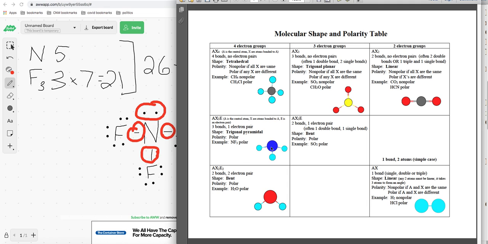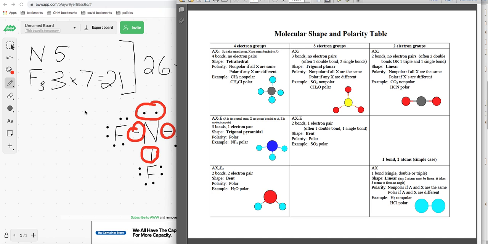But this one, hopefully you can tell by how it's drawn here that these are down at a little bit of an angle. And that's because they're kind of getting pushed down by the 2 electrons here. And that's why those 2 electrons change the shape between trigonal pyramidal with the electrons or trigonal planar without the electrons.